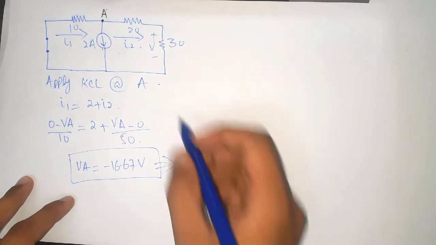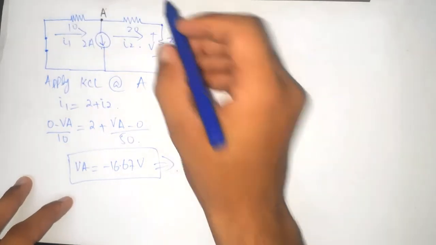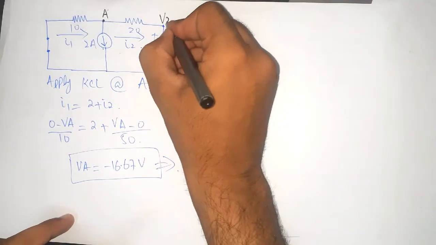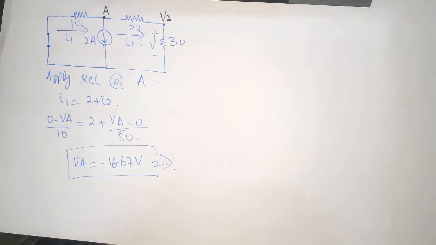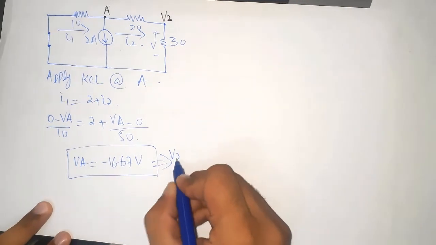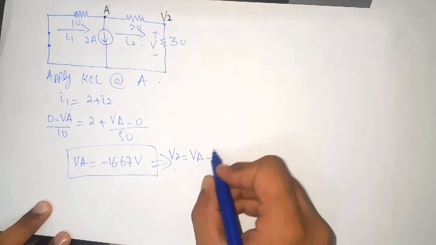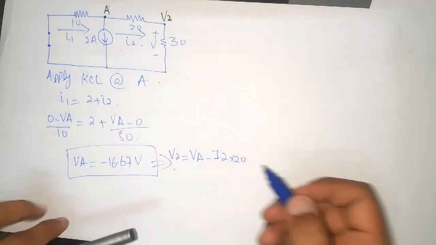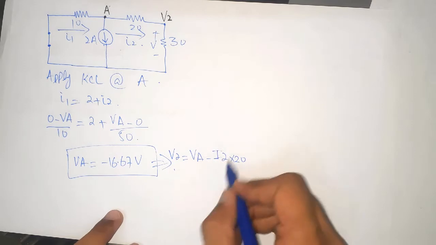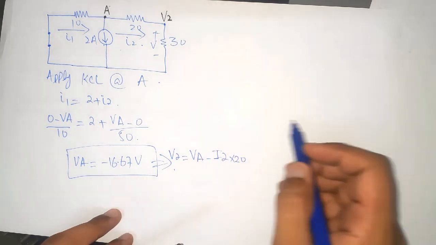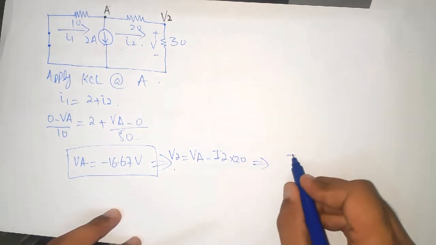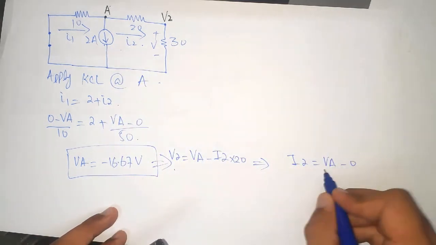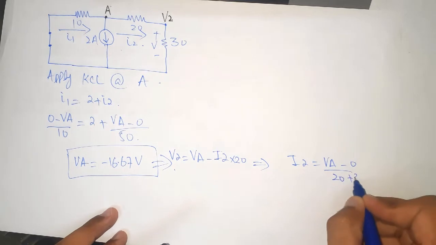Similarly we will find voltage across 30 ohm. I will name it V2. So V2 will become VA minus I2 into 20. Here we don't know the value of I2, so I will find the I2 value. I2 becomes VA minus 0 divided by 20 plus 30.